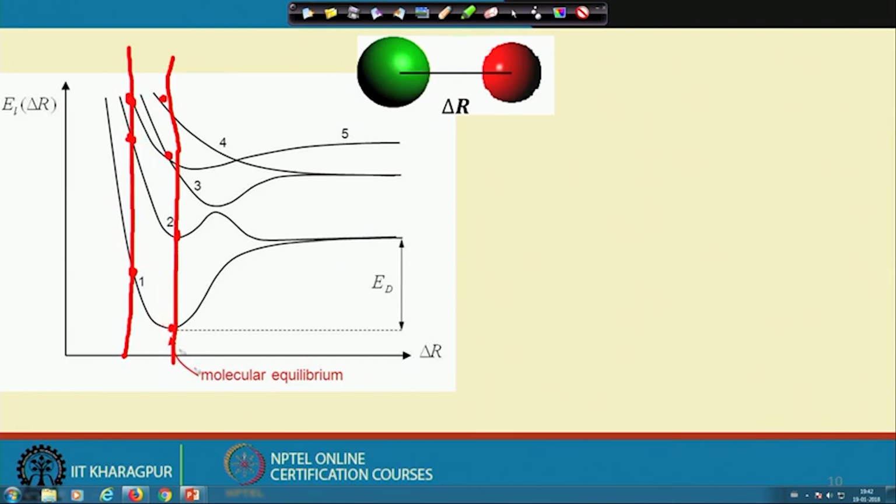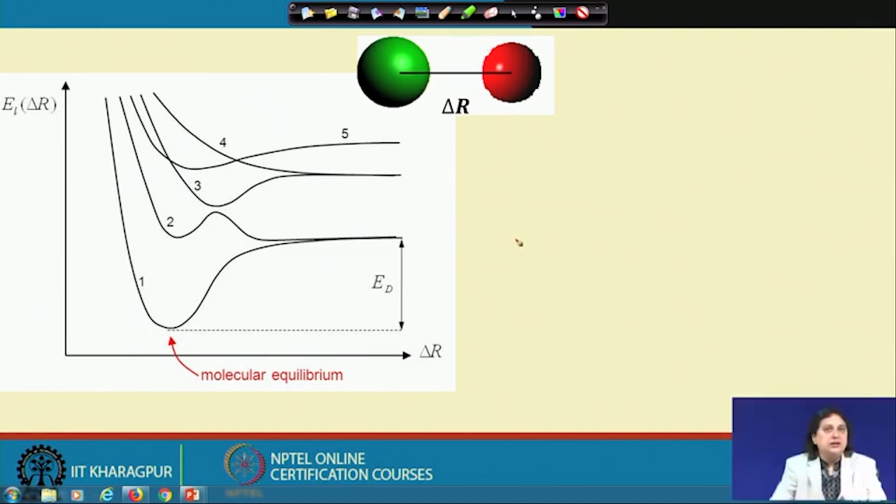So, by varying the delta R value, we can explore all the possible energy eigenstates and then construct this big picture, the potential energy surface over which the two nuclei move as a function of their internuclear separation.